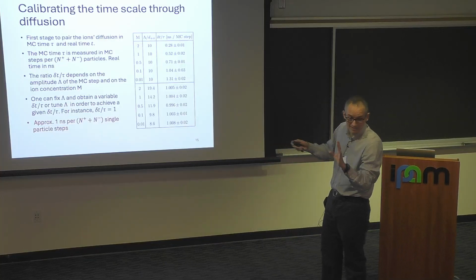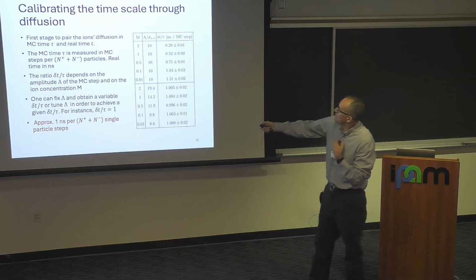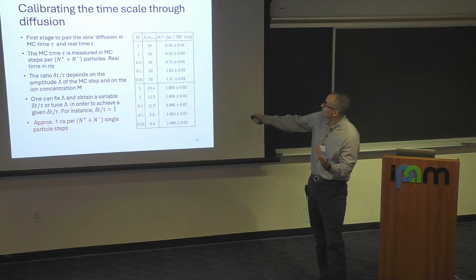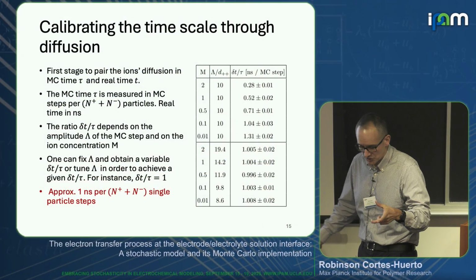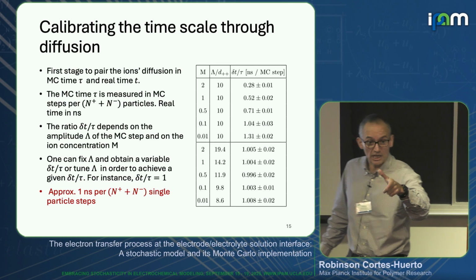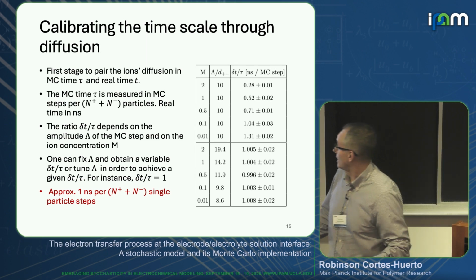So then, we go from a few details now. I will skip a few details because they are not really crucial, but actually we can calibrate this time scale for diffusion. The conversion between real time and Monte Carlo time depends on the amplitude of the Monte Carlo move.